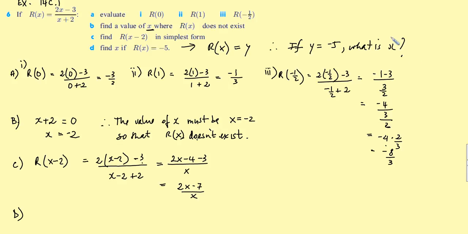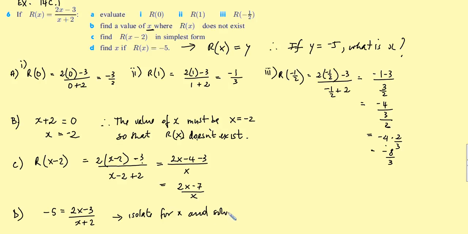So all I need to do is say, if my r of x is equal to negative 5, I will say negative 5 equals 2x minus 3 over x plus 2, and I will isolate for x. We learned this in our last section, isolate for x and solve.